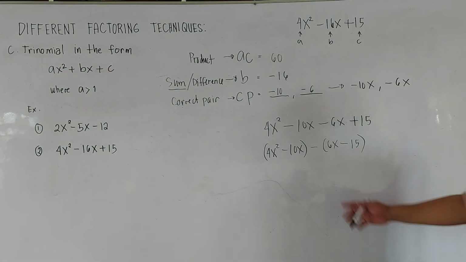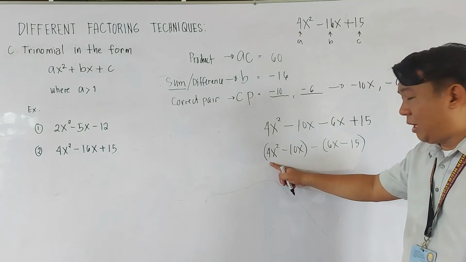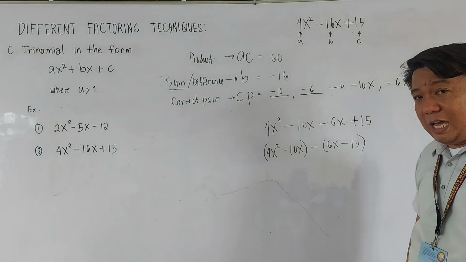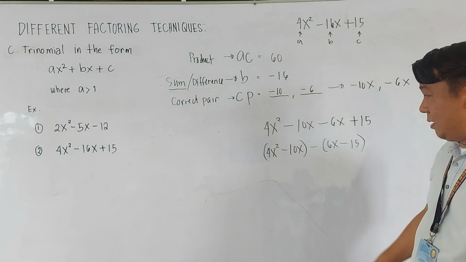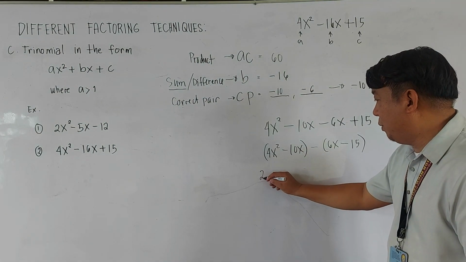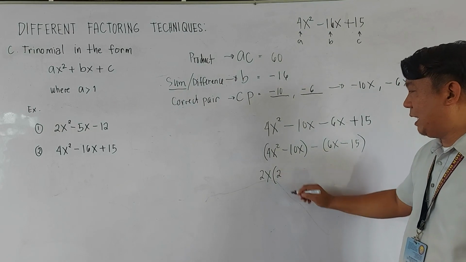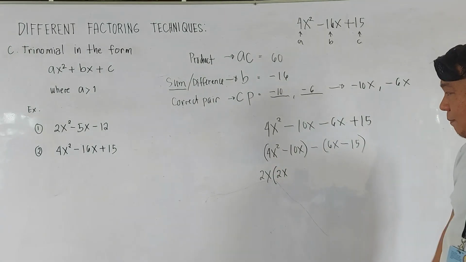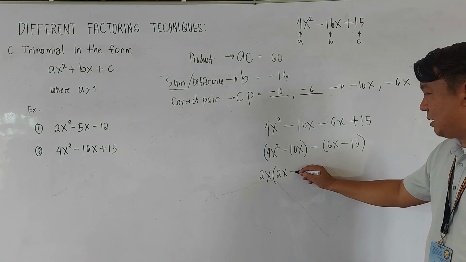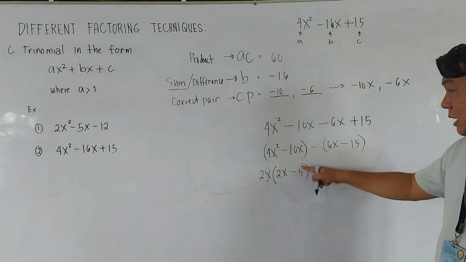Okay? And then, ilabas na natin yung kanilang common factors. Ang common factors ng 4x squared and 10x ay 2x, I think. Okay, so tingnan natin. 2x. So, para maging 4x squared yan, lagyan din natin ng 2x. 2x times 2x is 4x squared. Dito, para maging 10x, ito ay 5. 2x times 5, it's 10x.